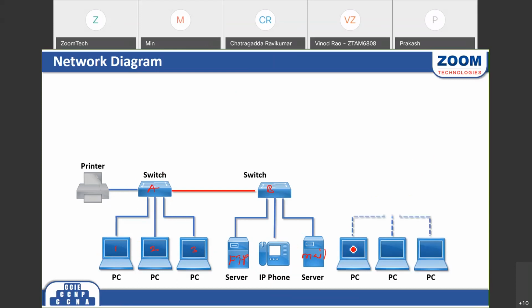The next example: the last three devices, PC4, PC5, and PC6, are wireless devices like laptops. To centralize communication for these wireless devices, which device do we generally use: hub, switch, or wireless access point? We use a wireless access point.